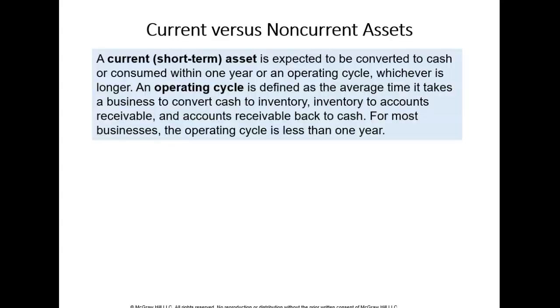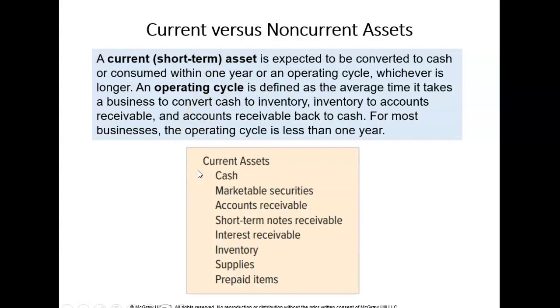So a current asset is an asset that we expect to be converted into cash or consumed within 1 year or an operating cycle. And again, for our purposes, we're going to always use 1 year as the accounting period.